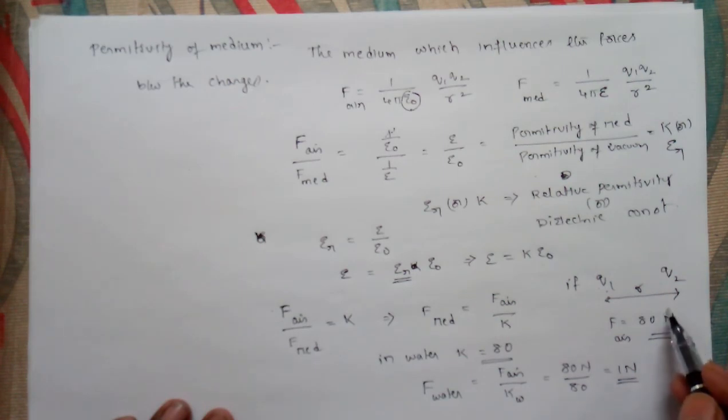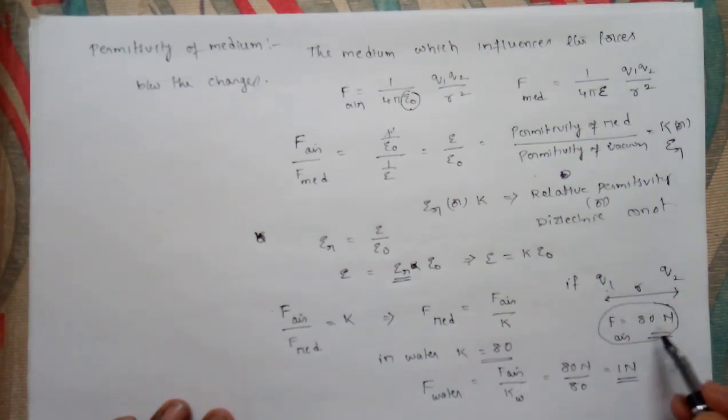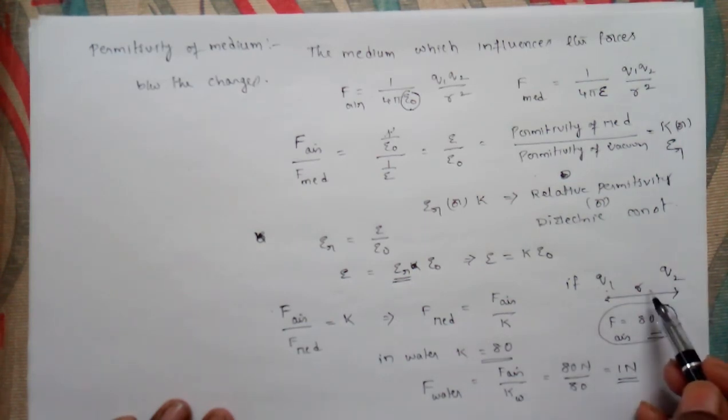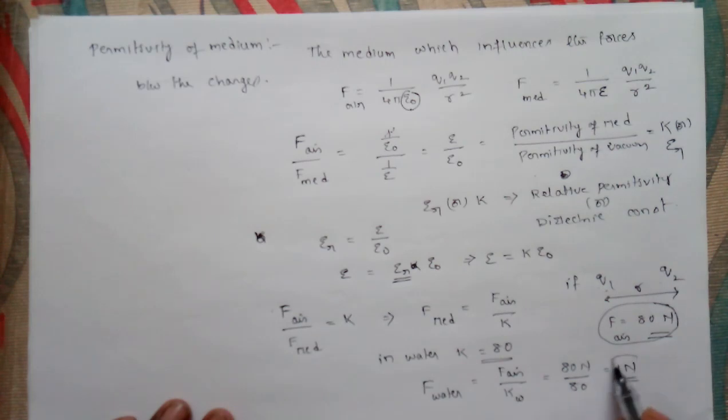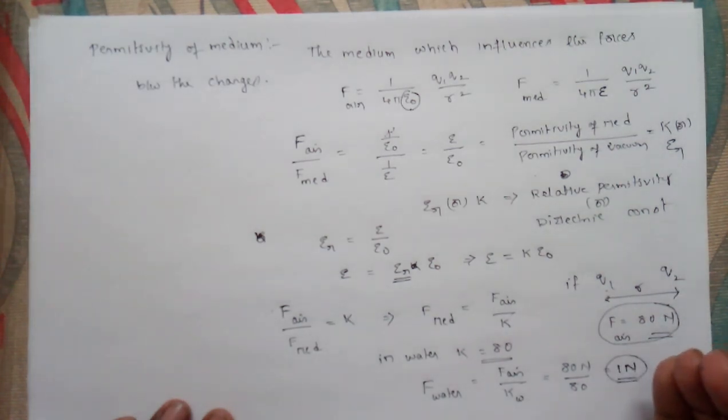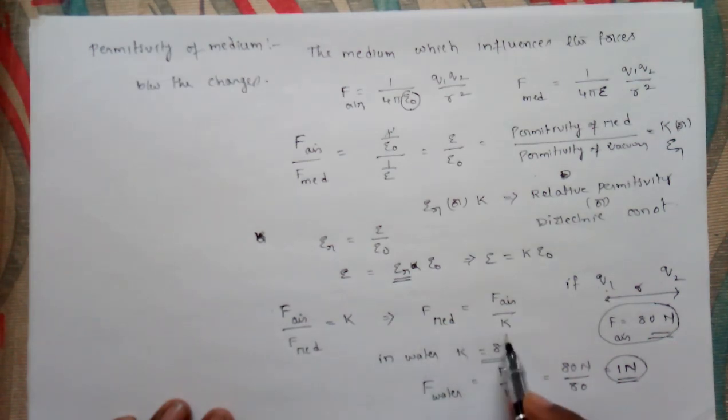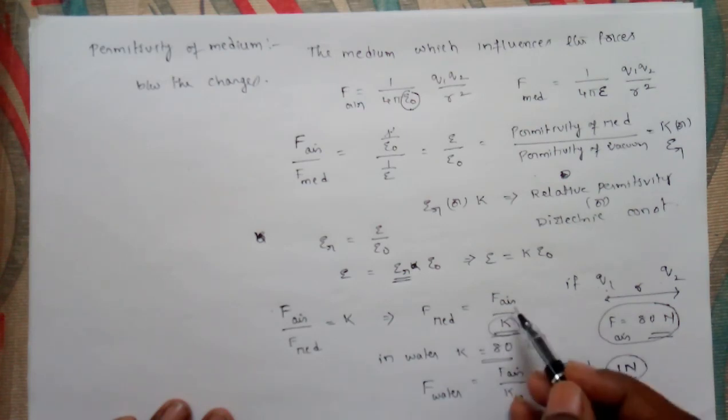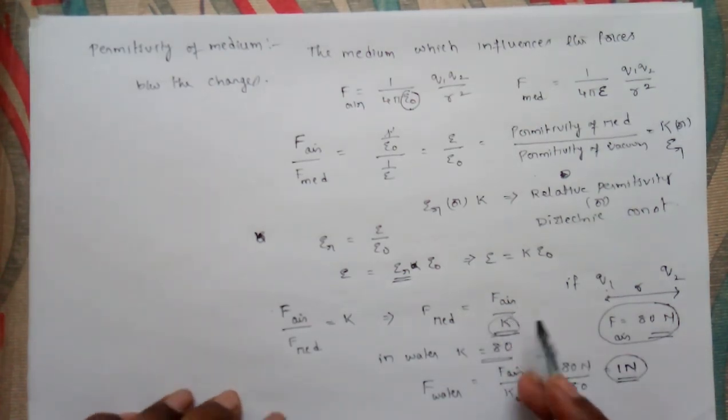So you can observe that when it is in air, it experiences 80 newtons, but if you place the charges inside water, maintaining the same distance, the force reduces to 1 newton. So if the medium changes, the force is going to be affected. The force is reduced by the dielectric constant times compared to when they are present in air.